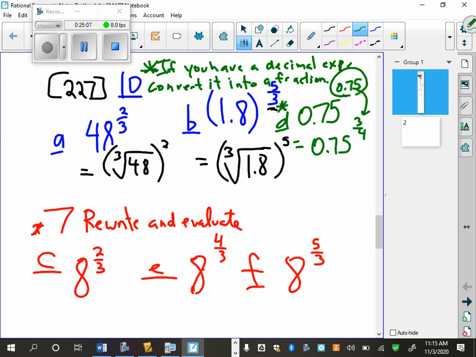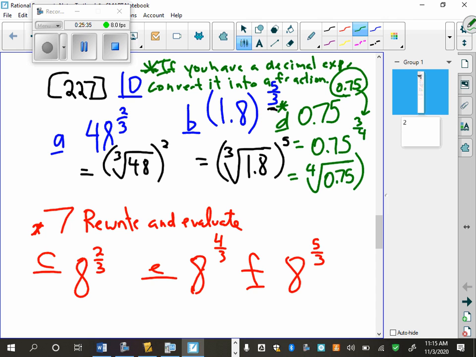So now, I'll let you guys finish it. Go ahead and rewrite that as a radical. 10, 9, 8, 7, 6, done. And you get the fourth root, not the cubic root.